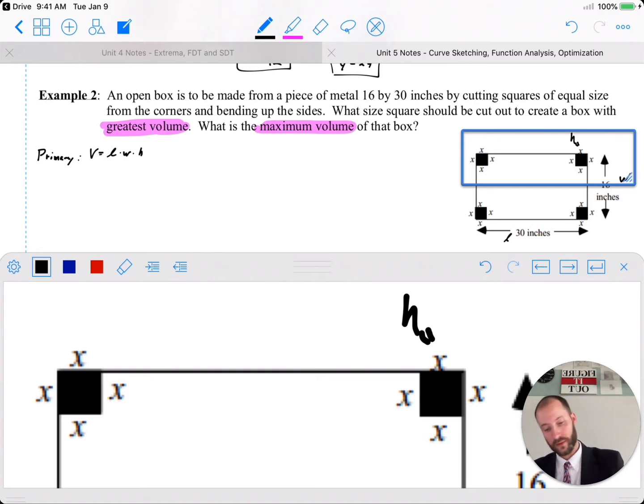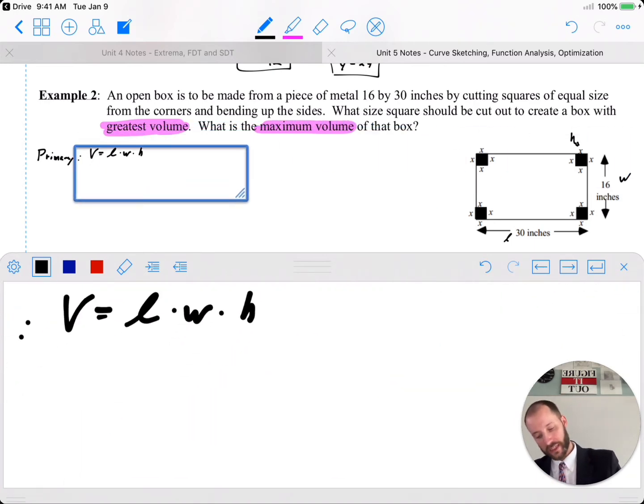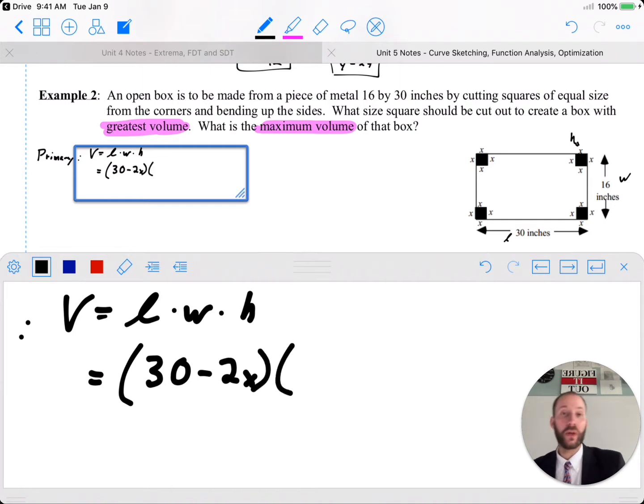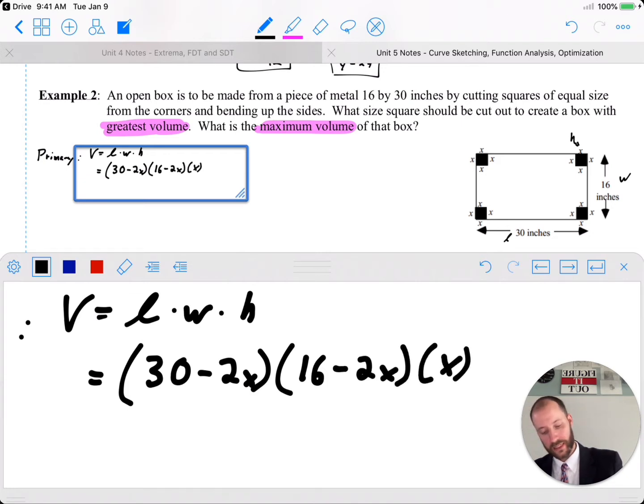H is x. For the length, that would be the total 30, but you take an x from both sides, so 30 minus 2x. Width, kind of the same idea, 16, but then you're taking 2x out of it, and our height is x.